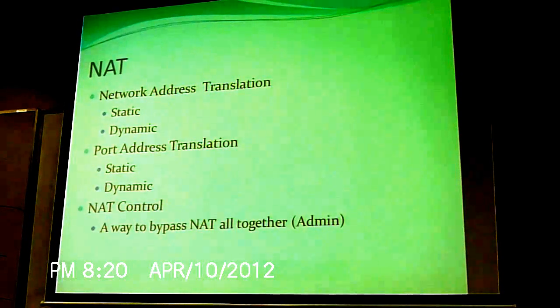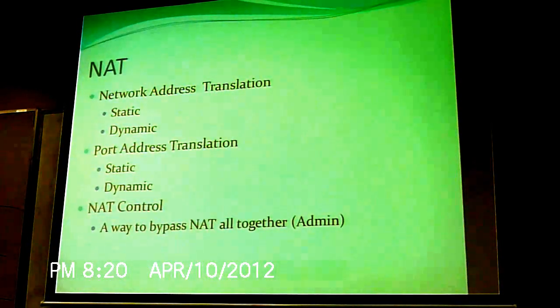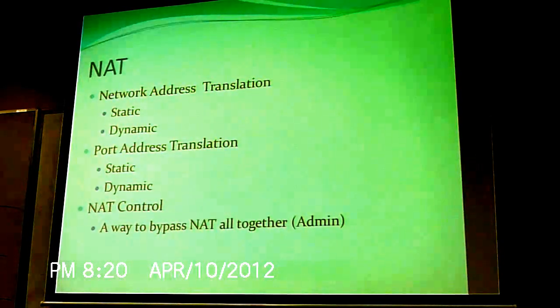NAT, network address translation. It comes in two forms. Just like with a router, static NAT and dynamic NAT can work with both pools or with single individual translation lines. Port address translation, same.